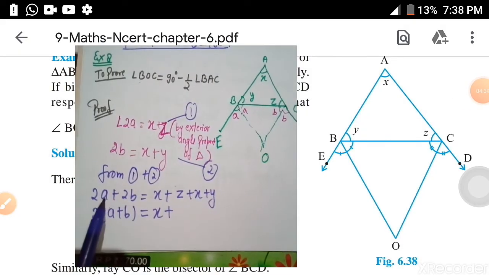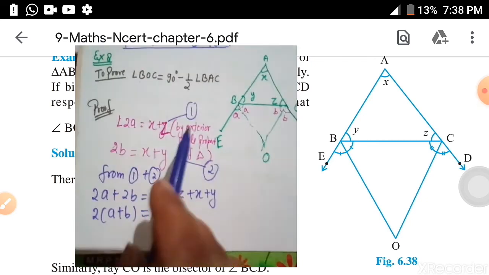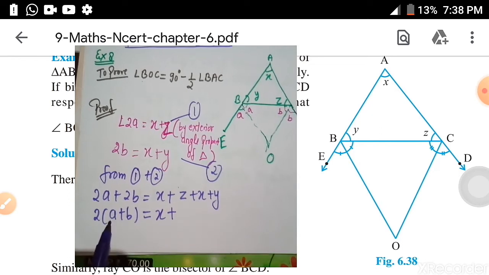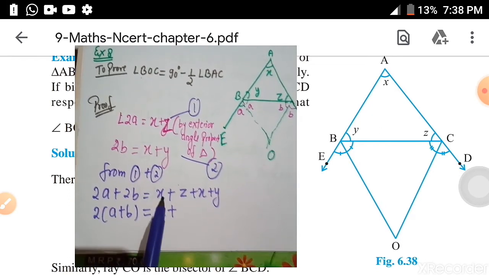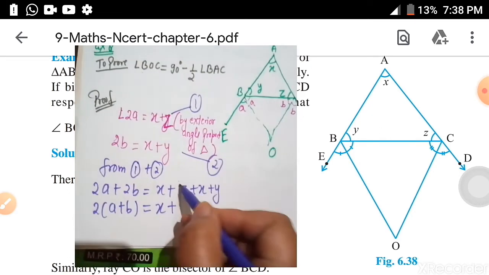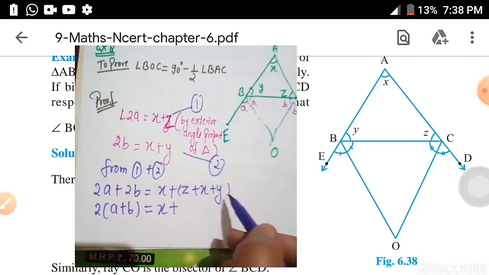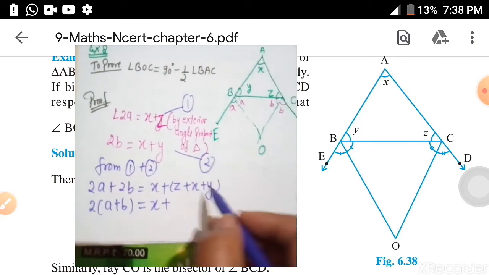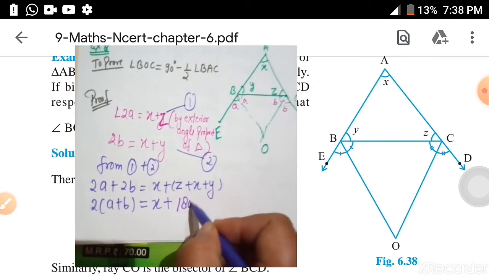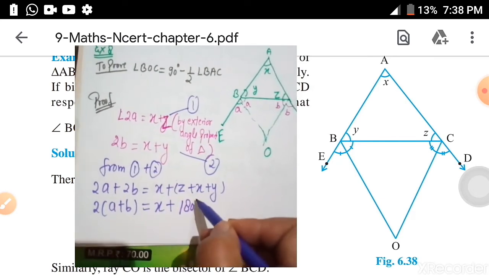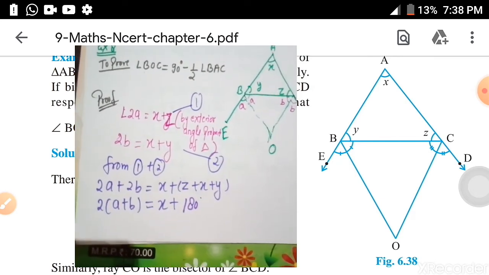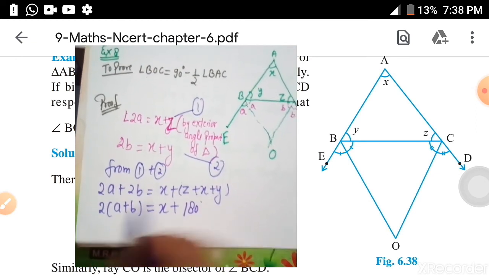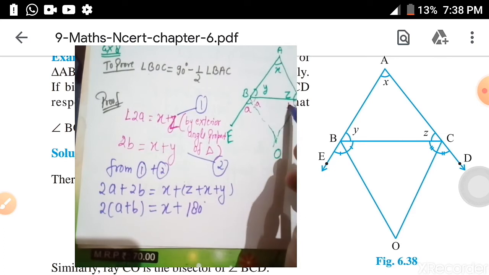The left sides added and the right sides added: X plus Z plus X plus Y. If you see carefully, we can take 2 common, so 2 times (A plus B) on the left. On the right, X plus Y plus Z, the sum of all three angles of any triangle, is equal to 180 degrees. I have just explained it. So it is 180 degrees. Now first we take A plus B.